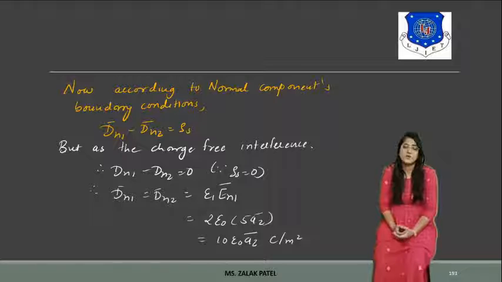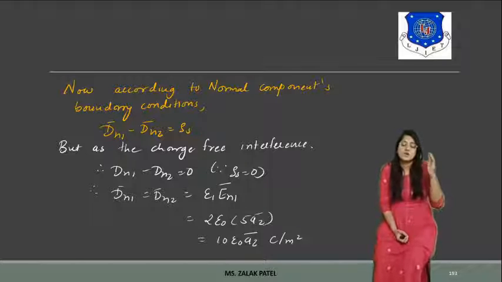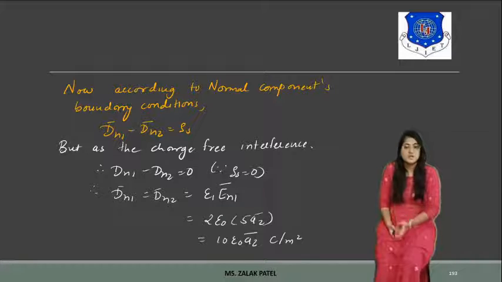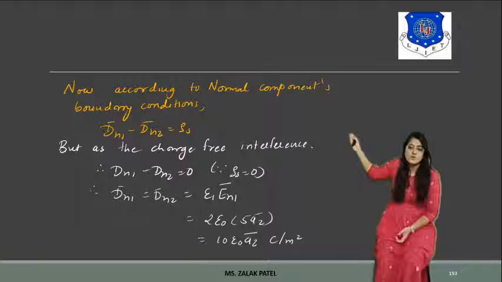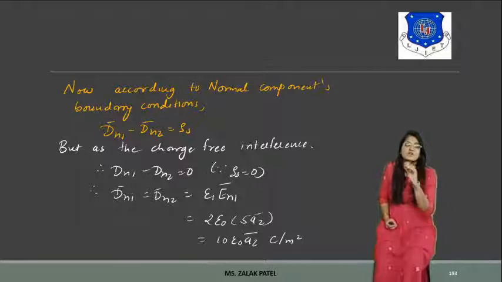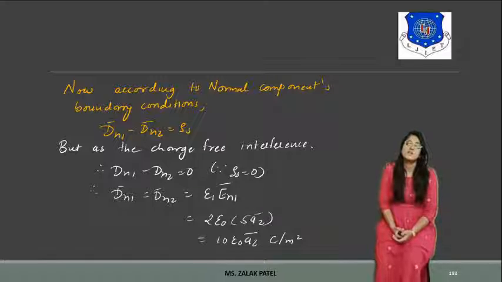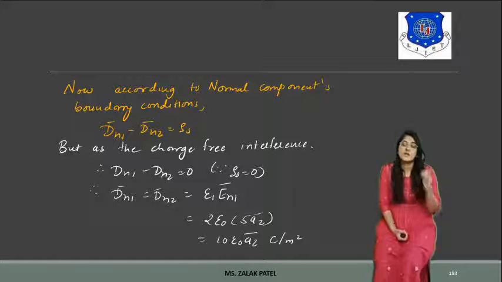Now let's find the normal component. According to the normal component boundary condition, Dn1 minus Dn2 equals rho s. But in the ideal condition, rho s should be 0. If rho s is 0, then Dn1 minus Dn2 equals 0, so Dn1 equals Dn2.